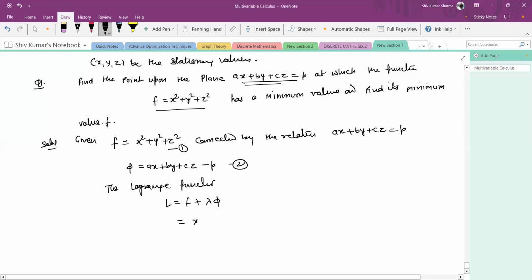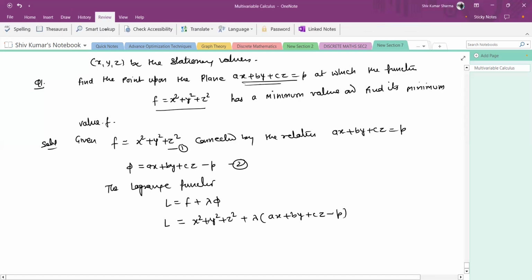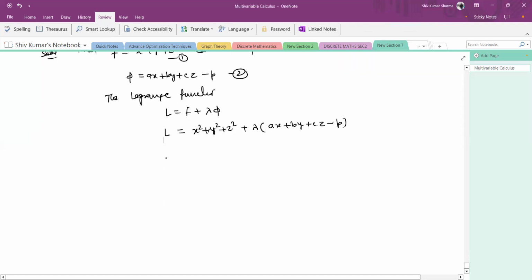So L is equal to x square plus y square plus z square plus lambda times (ax plus by plus cz minus p). So this is our L. Now we differentiate this with respect to x, y, and z. So this is equation number 3. We differentiate 3 partially with respect to x, y, z.